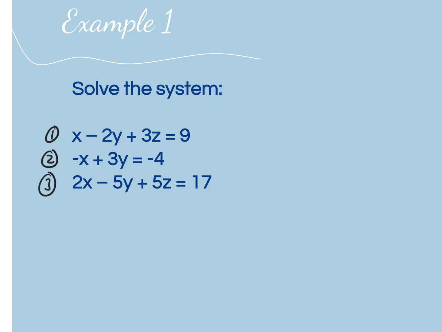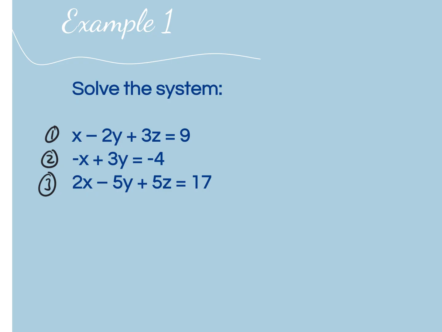Now between equations 1, 2, and 3, you want to eliminate one out of your three variables. You can choose to eliminate x, y, or z. You always want to make it easier for yourself. You notice that in equation 2, you don't even have a z, so you might want to try that.